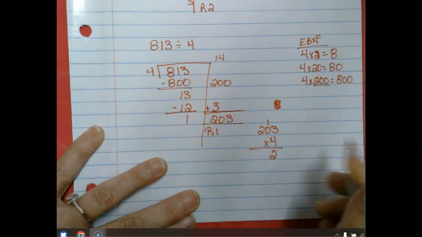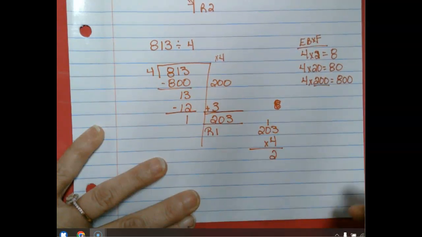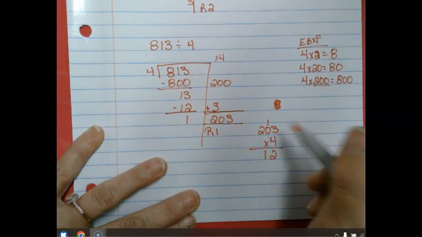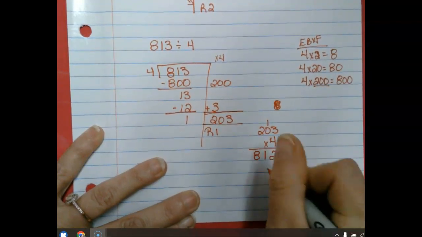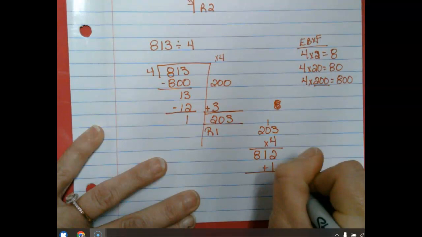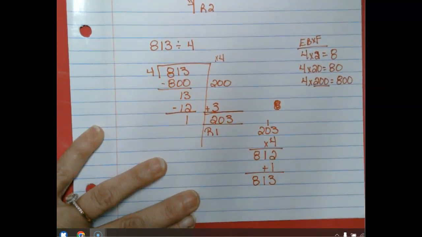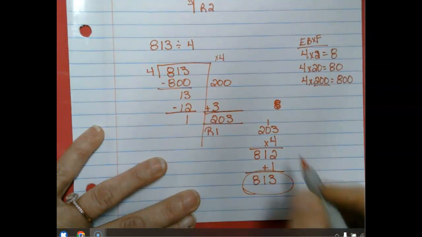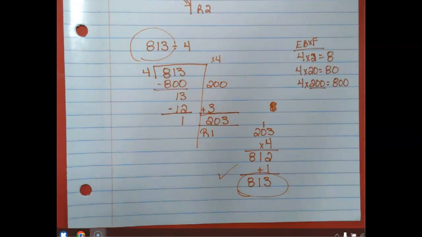I'm bringing my 10 over. 4 times 0 is 0 plus 10, so I have 10 there. And then 4 times 200 is 800. I have to remember to add my remainder. So 812 plus 1 is 813. So my product equals my dividend. So I know I did my answer correctly.